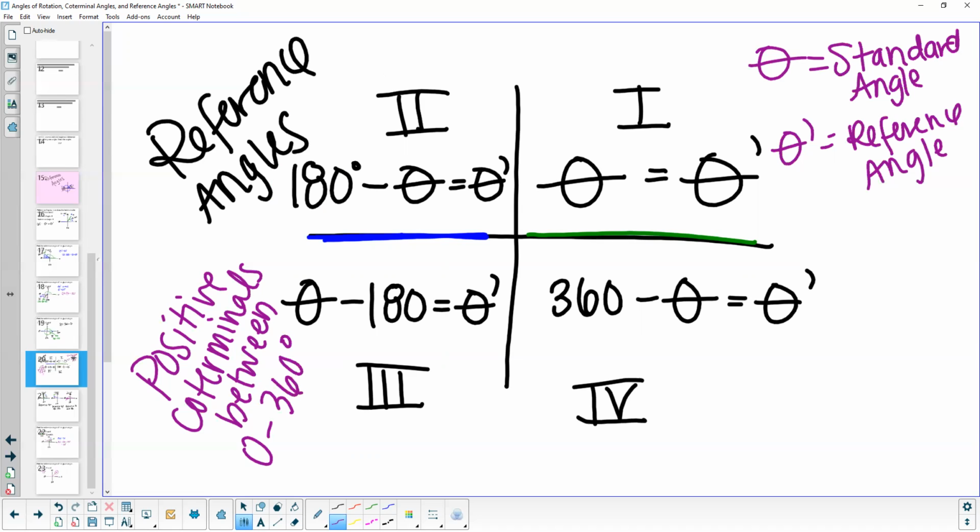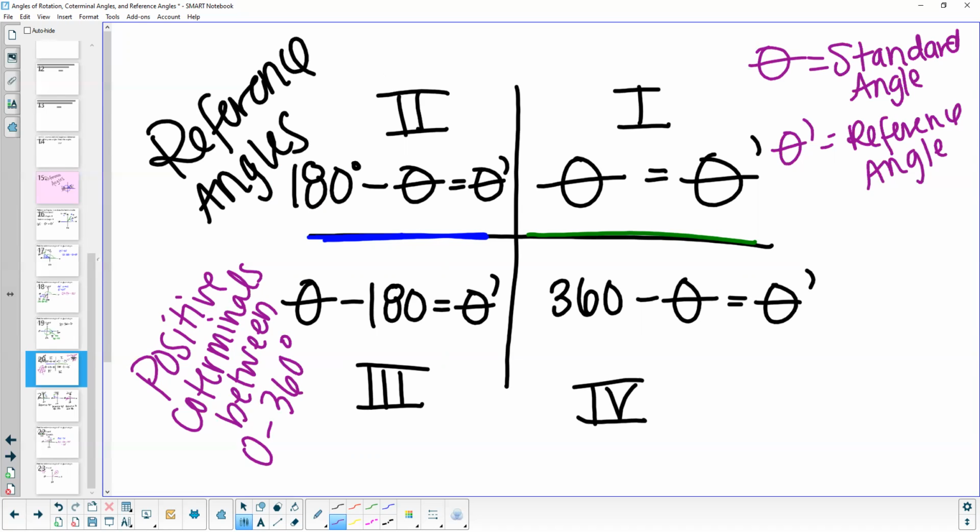Okay, so that's kind of what we're looking at here. So if I have a standard angle and it's positive coterminal between 0 and 360, it doesn't matter what it is. To find its reference angle, find the coterminal between 0 and 360 and sketch the picture of the angle.